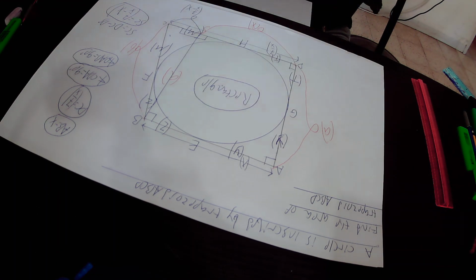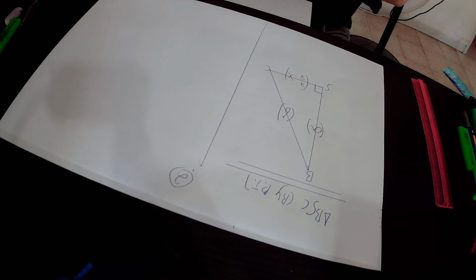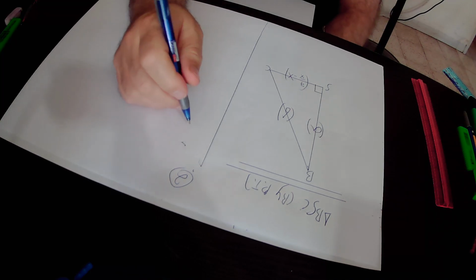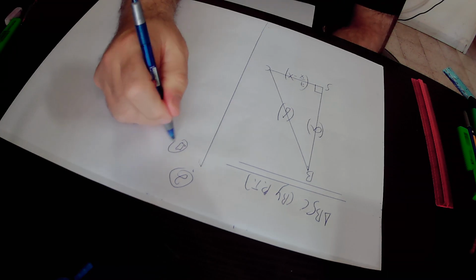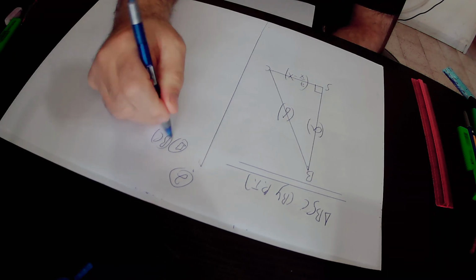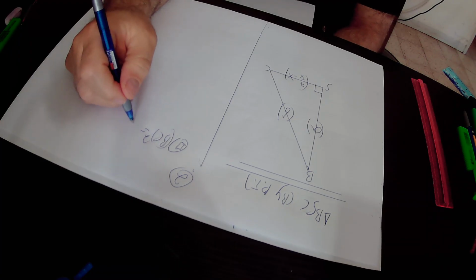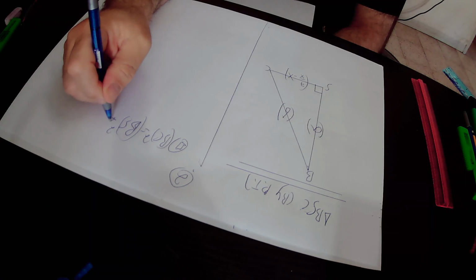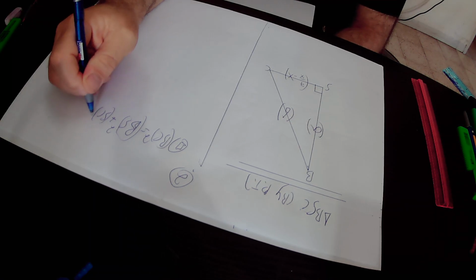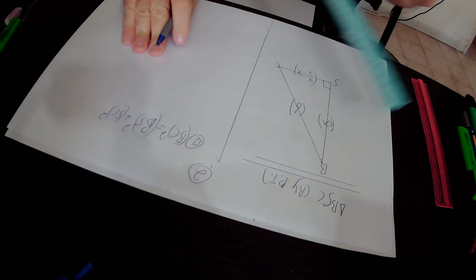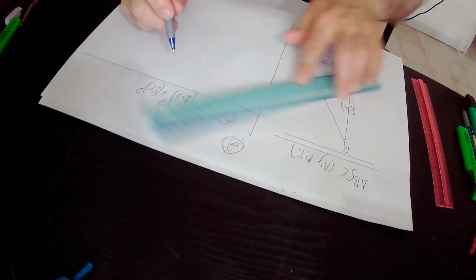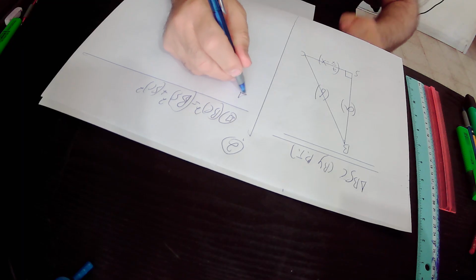So actually, this is the right triangle BSC that I got from the original drawing. In this right triangle BSC, according to the Pythagoras theorem, BC square equals BS square plus SC square. This is equation 2. So according to equation 2, BC square equals BS square plus SC square.